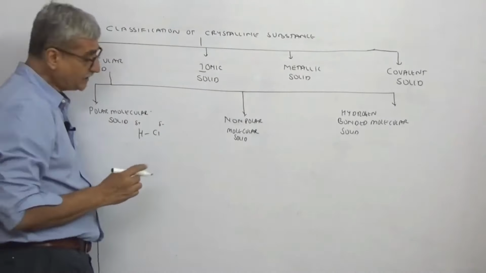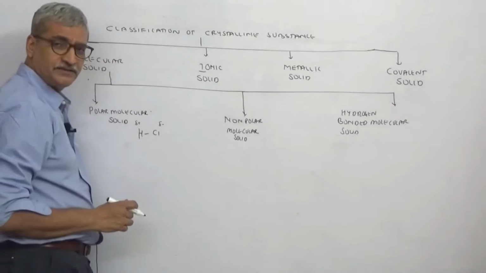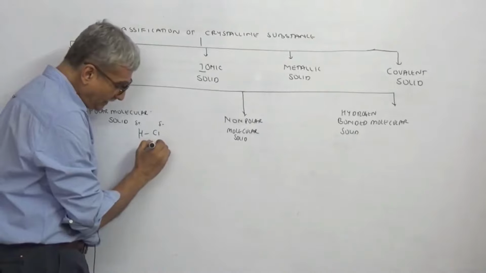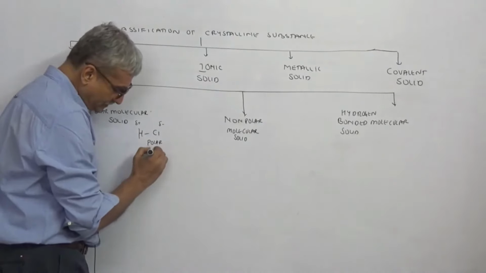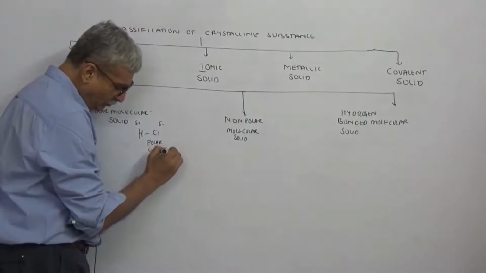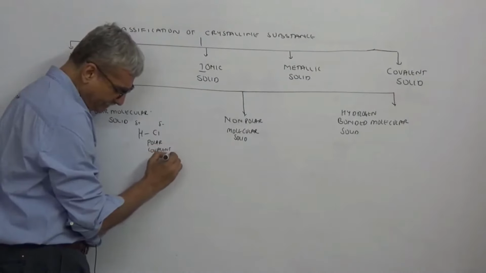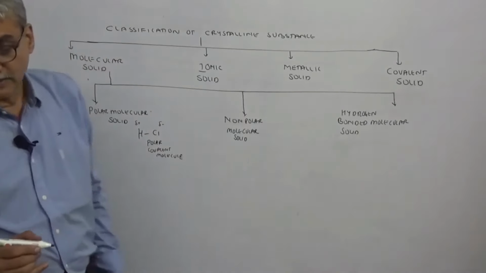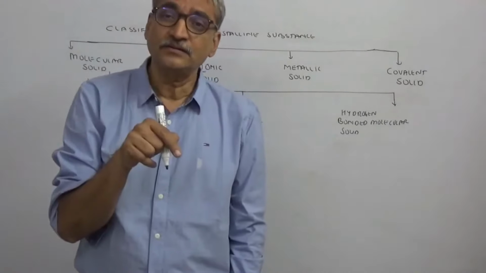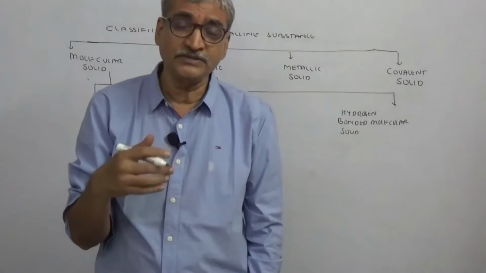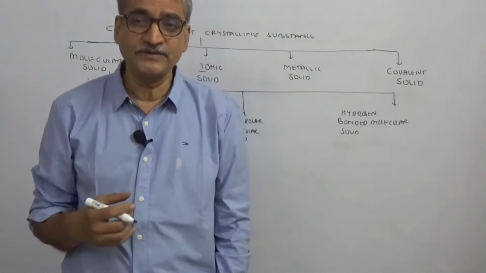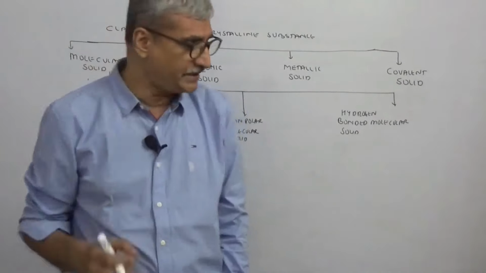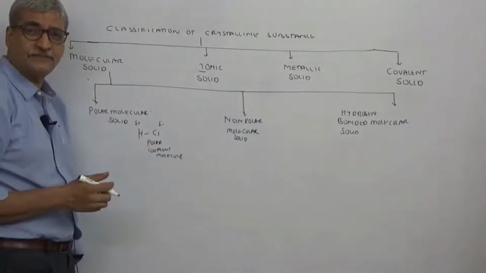What kind of molecule is this? This is a polar covalent molecule. It's not just an ordinary covalent molecule. A covalent bond is sharing of electrons between two atoms, but that sharing, because of electronegativity, creates slight polarity.